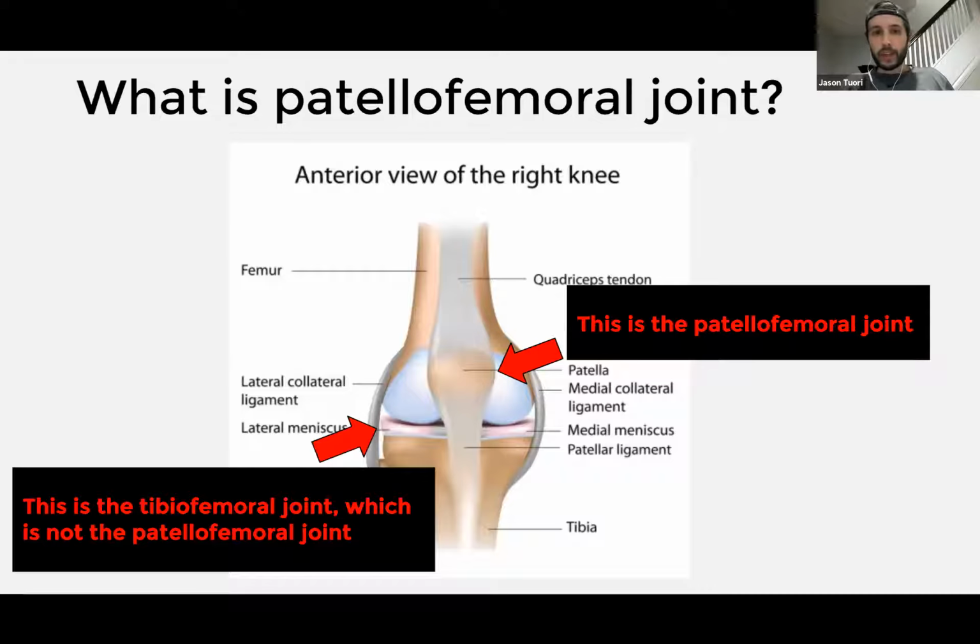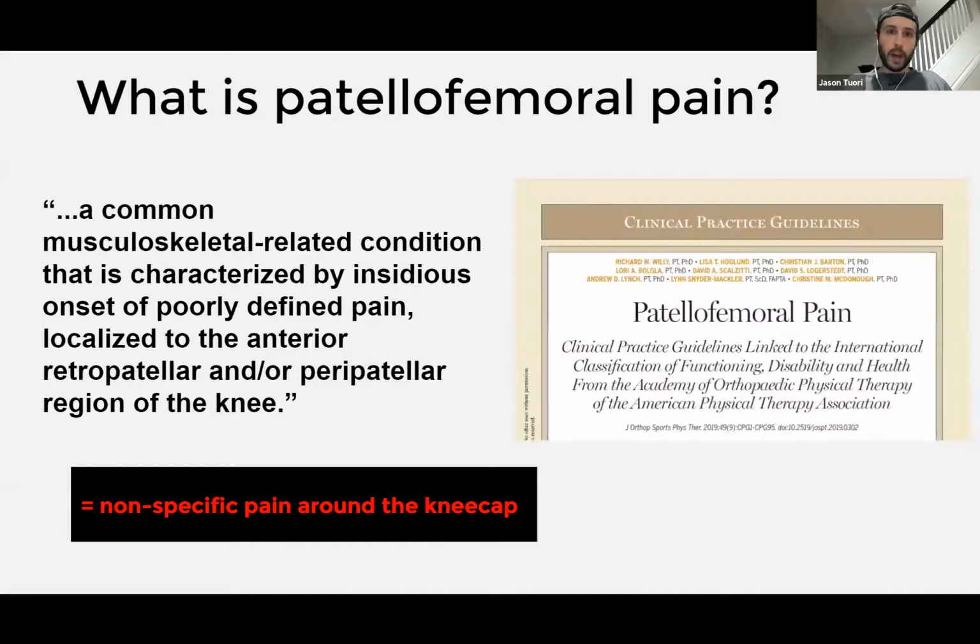Sometimes things like pain going downstairs or pain with squatting end up being characteristic of patellofemoral pain, but they're not specific to it, because somebody with a meniscus tear might have pain going downstairs or pain with squatting.